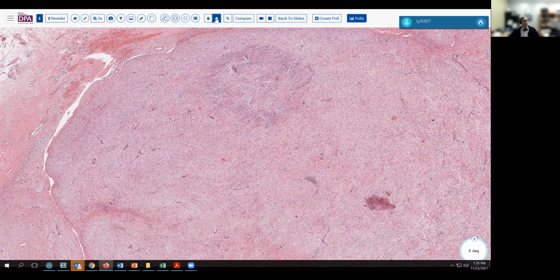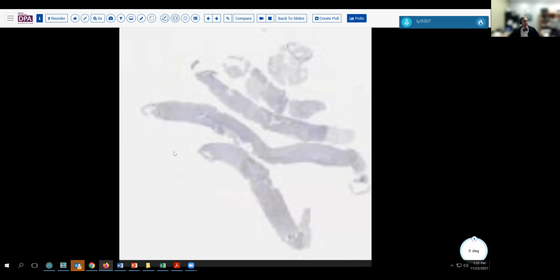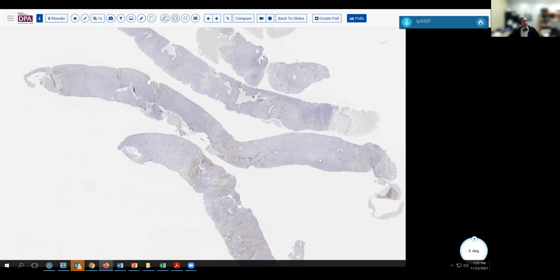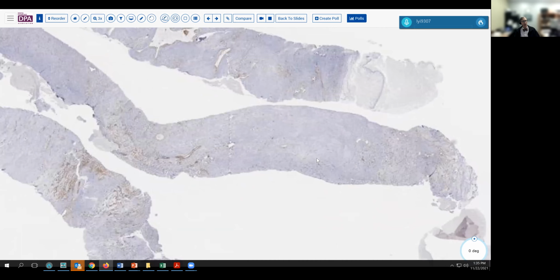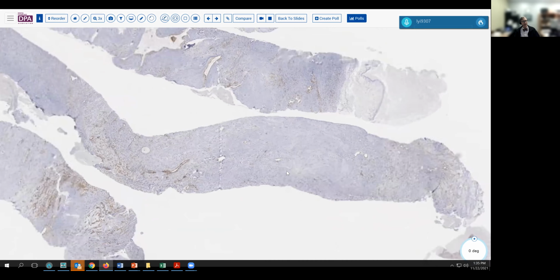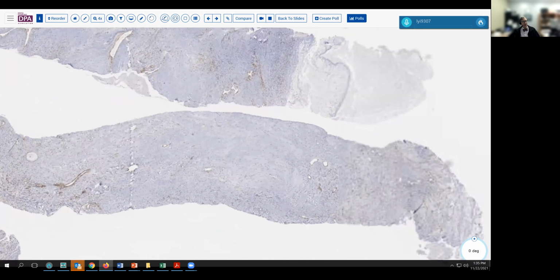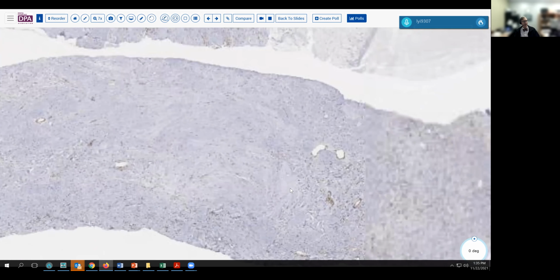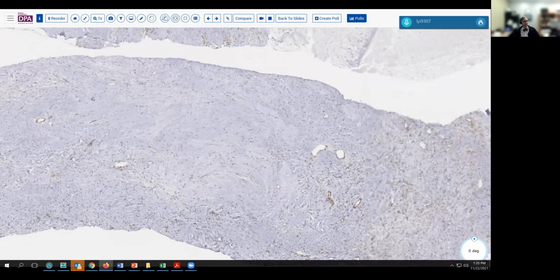So one of the problems with that stain, of course, is that it's not always every cell, and that it's not always every case that will express the immunohistochemical marker. Additionally, the stain is somewhat difficult to interpret because, as I've indicated, not all the cells will be positive.